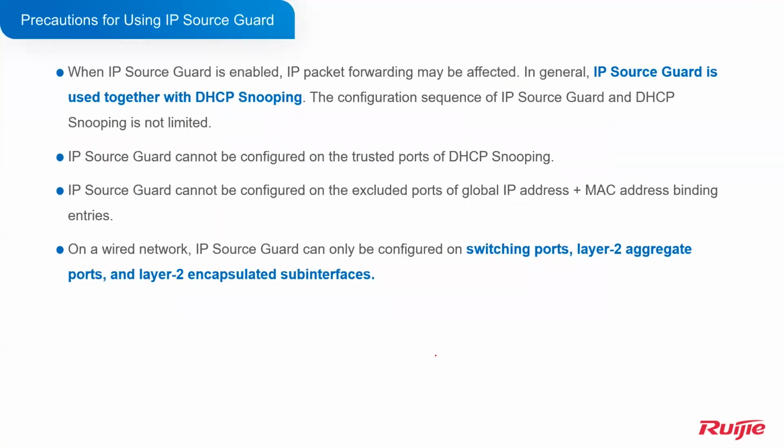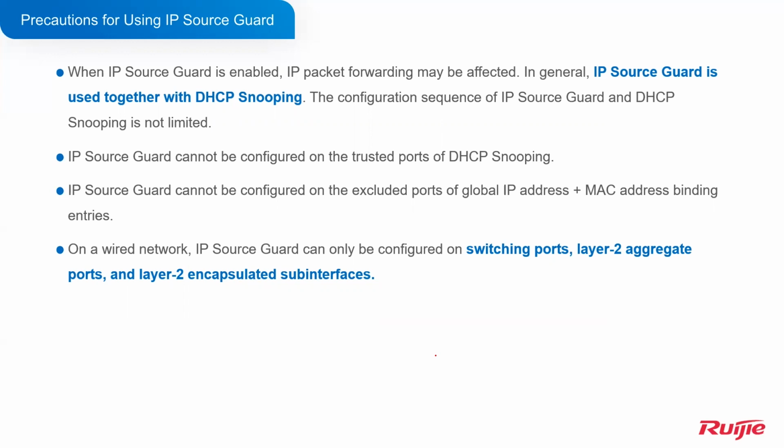Before you use IP source guard, here are some precautions. When IP source guard is enabled, IP packet forwarding may be affected. In general, IP source guard is used together with DHCP snooping. The configuration sequence of IP source guard and DHCP snooping is not restricted. IP source guard cannot be configured on the trusted ports of DHCP snooping, and cannot be configured on the excluded ports of global IP address and MAC address binding entries.